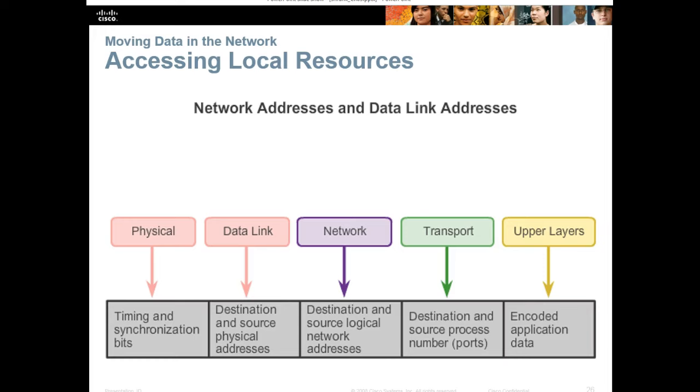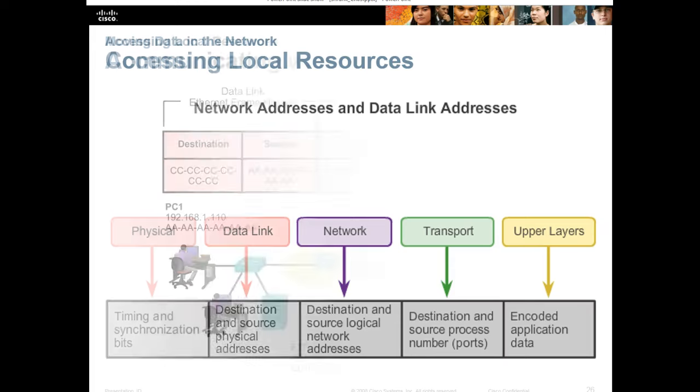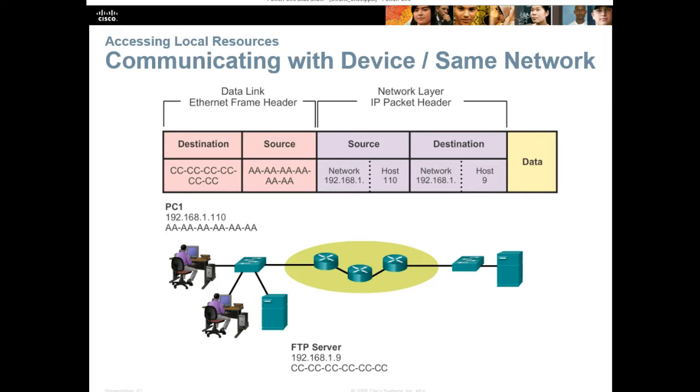And then the transport layer talks about source, did it happen, and how many and what ports it goes into, and then the upper layers sort out whatever kind of data it is with the application that you're using. So communicating with a device on the same network is much easier because you're not going through all kinds of routers.